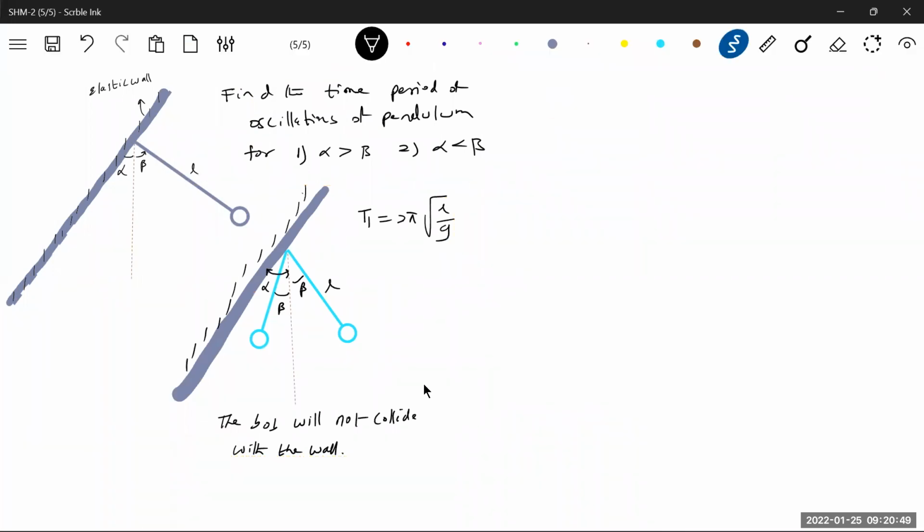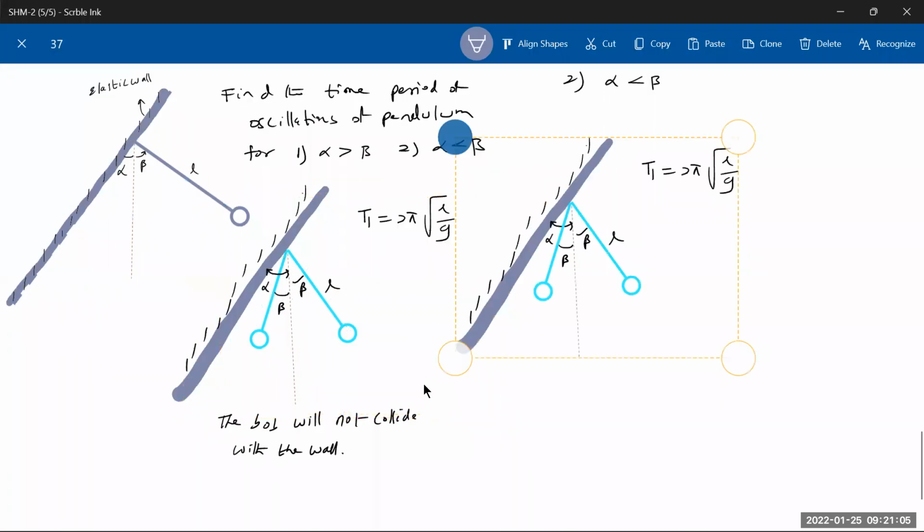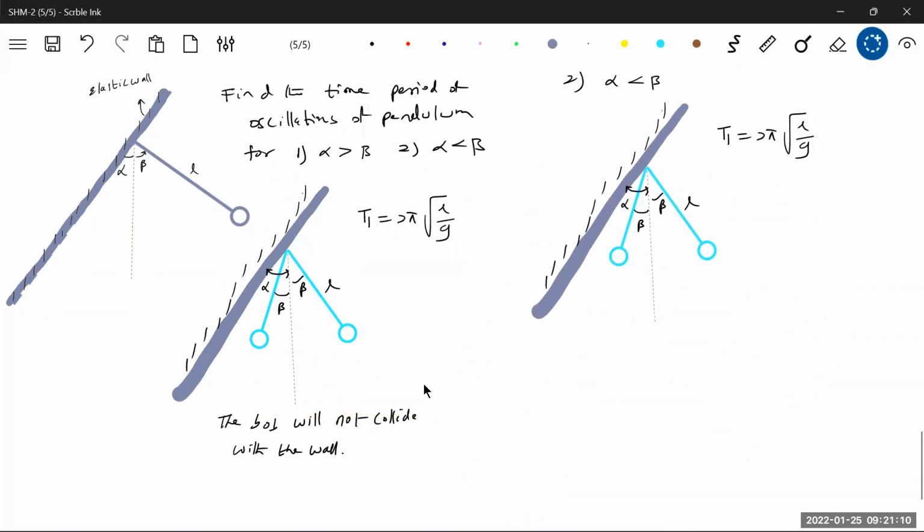Second case, alpha less than beta. What is alpha less than beta? How will things be? Alpha less than beta. In fact, here you can see this.